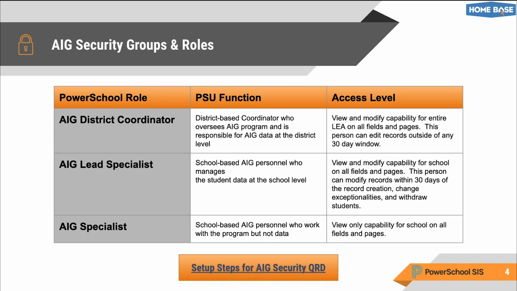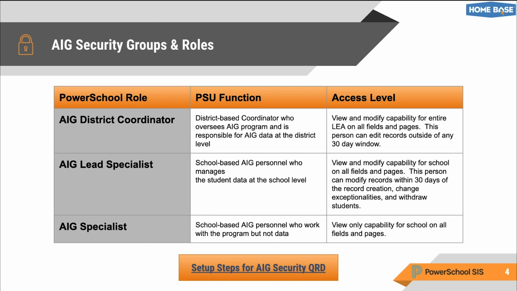So I'm going to turn it over to Tessa, who's going to talk a little bit more about these groups and roles and walk you through the process of setting up individuals in the system. Thank you, Stephanie. So we do have links on this slide. If you navigated to the bit.ly that we provided at the beginning, you'll be able to access the slide deck, which has clickable links on it.